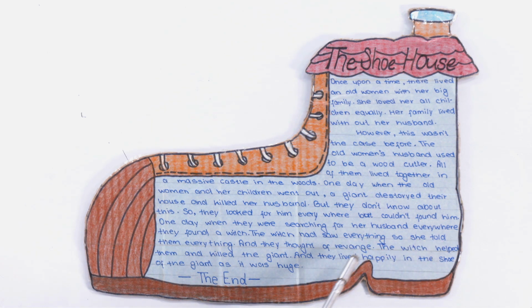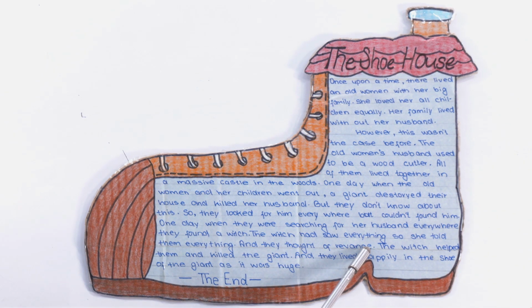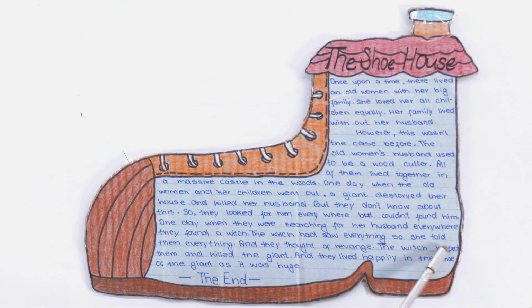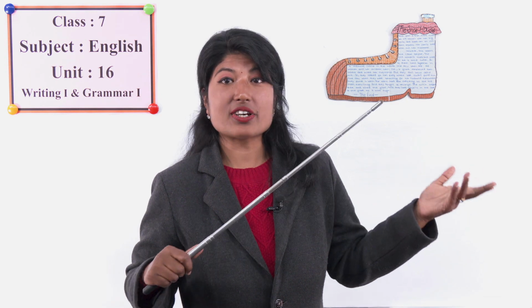So she told them everything, and they thought of taking revenge. The witch helped them and killed the giant. And they lived happily in the shoe of the giant, as it was huge, it was big. That's why they started living in the shoe. Isn't that an interesting story?